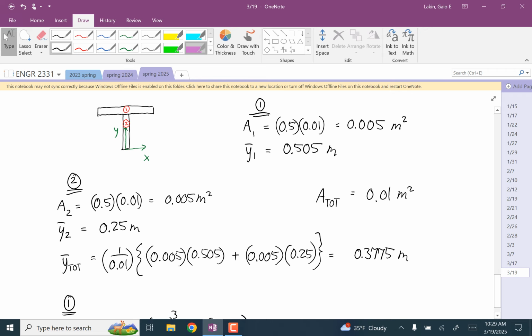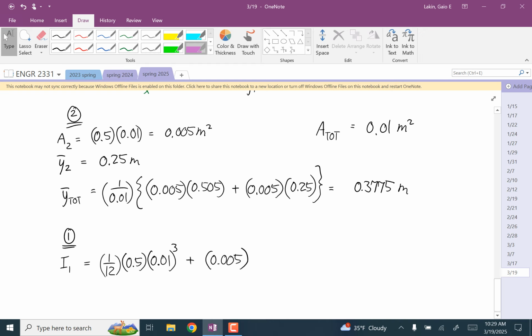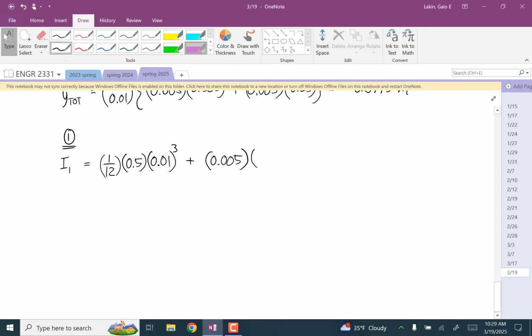So the centroid of 1 is 0.505, the centroid of the whole shape is 0.3775, so you can just subtract those. So this is 0.1275, square that.